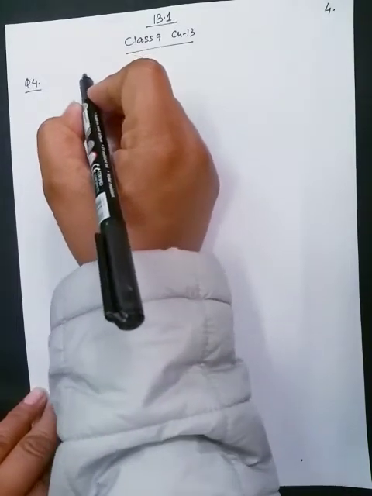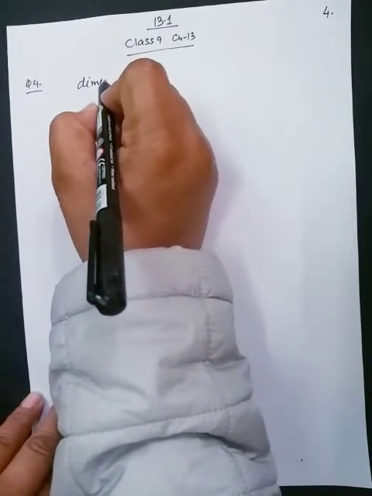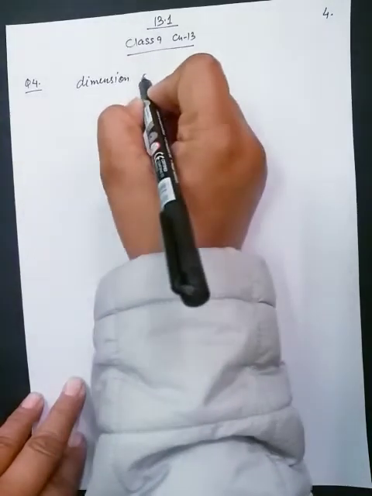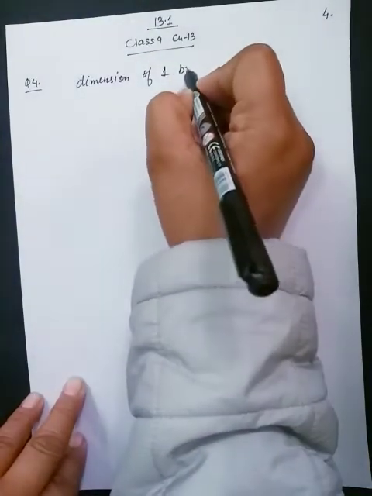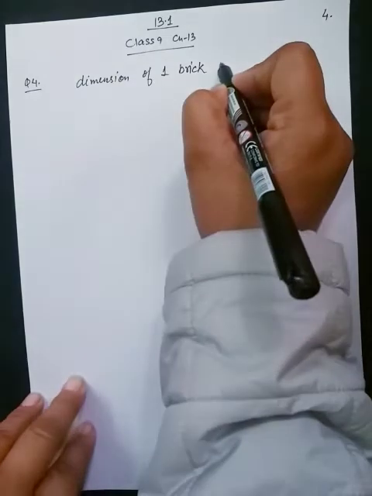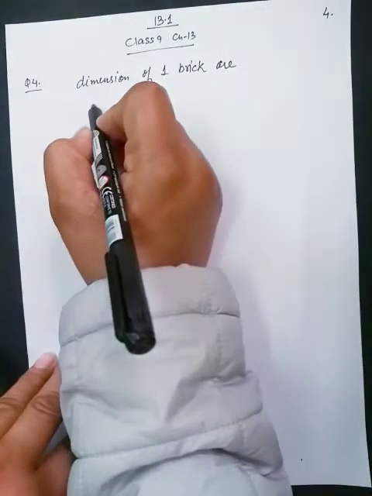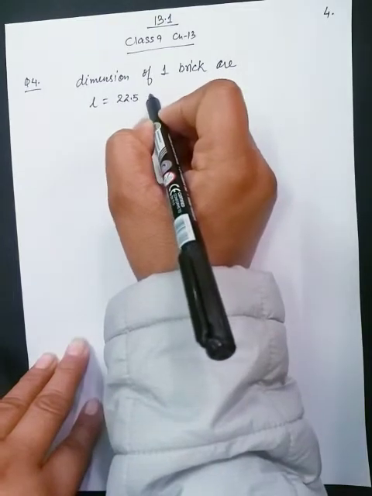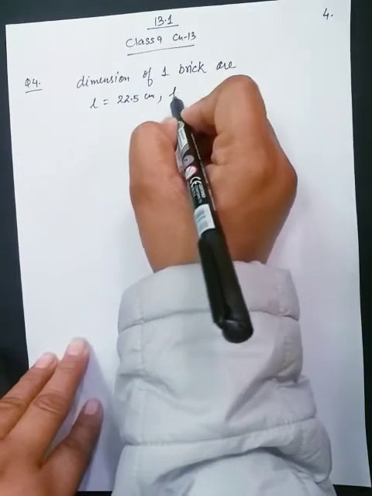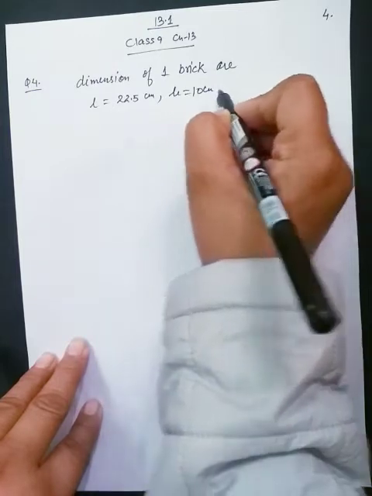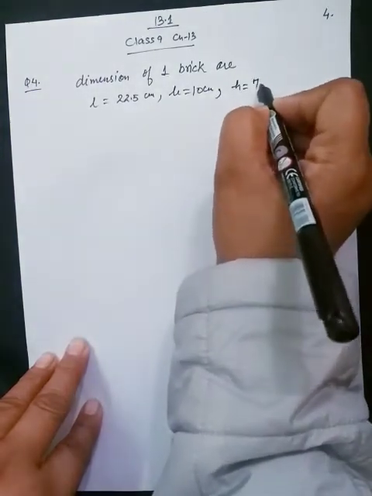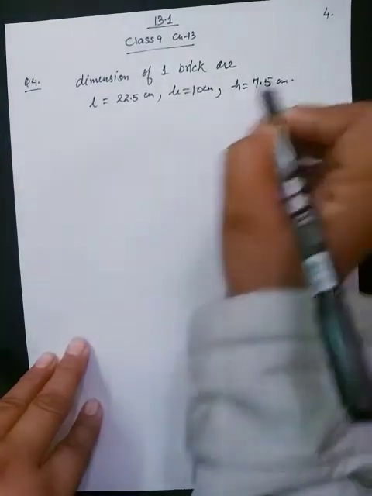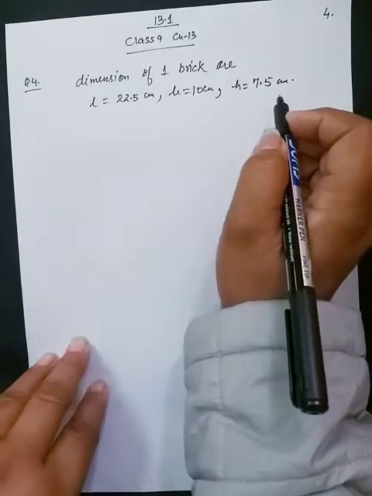So dimension of brick: length is 22.5 centimeter, breadth is 10 centimeter and height is 7.5 centimeter. All the dimensions are in centimeters.